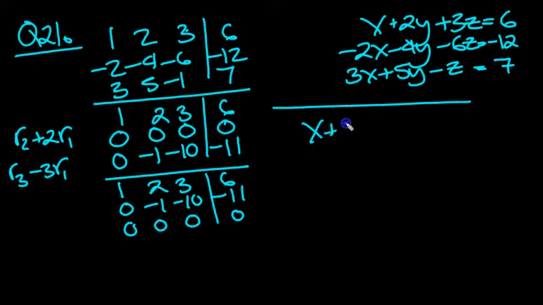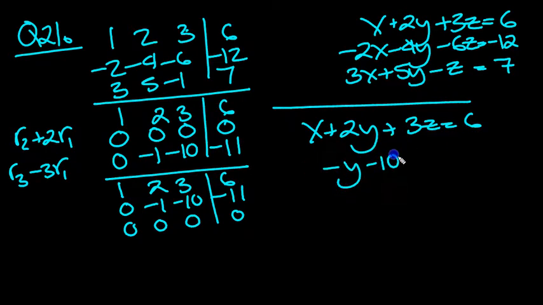We've got x plus 2y plus 3z is equal to 6. And we've also got minus y minus 10z equals minus 11. So these represent planes in 3D space, and we can see from the way they are that this is not a linear combination of this, so they're different planes.